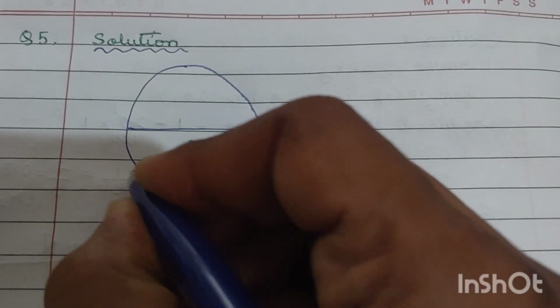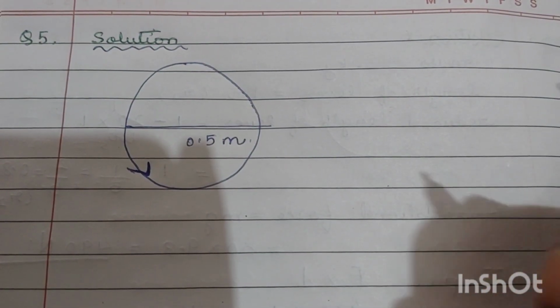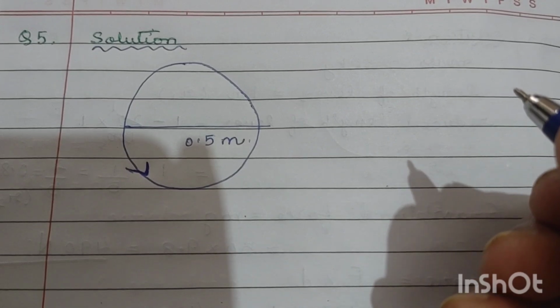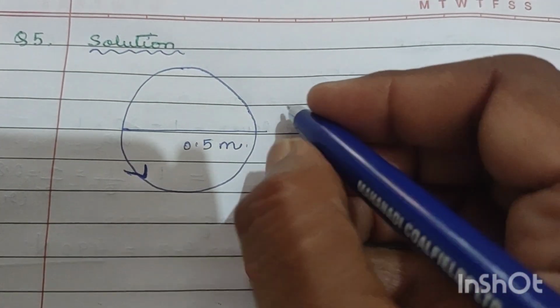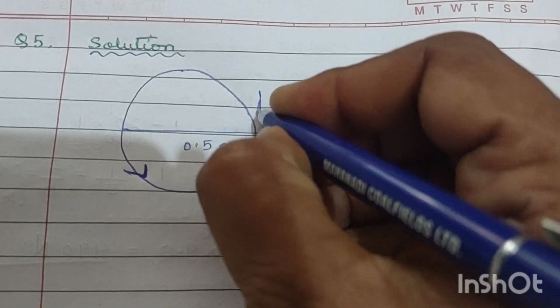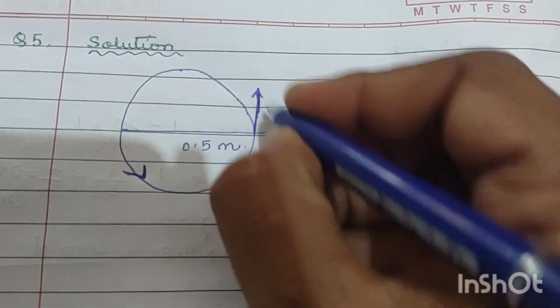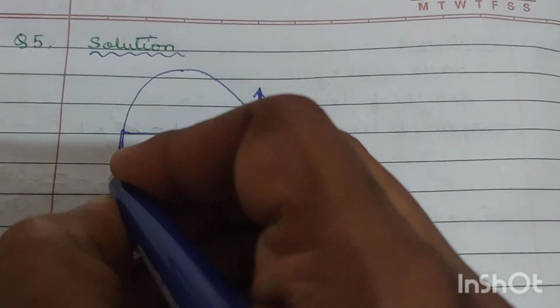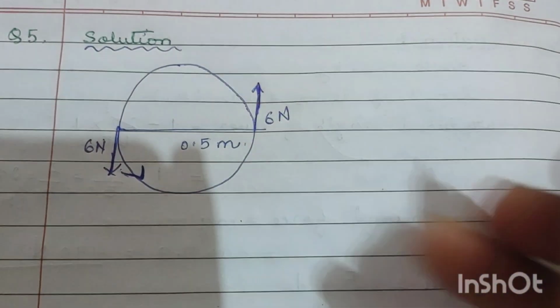This is the direction of rotation, this way. By applying two forces, each of magnitude 6 Newton, draw a diagram to show the application. So it is moving this way, 6 Newton force is applied. This way it is moving, in this direction force is applied, 6 Newton.